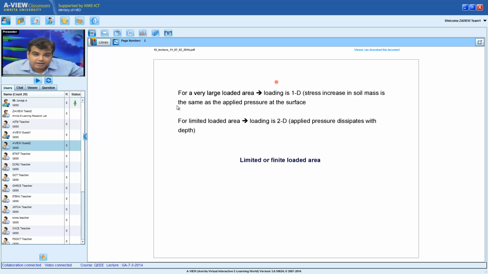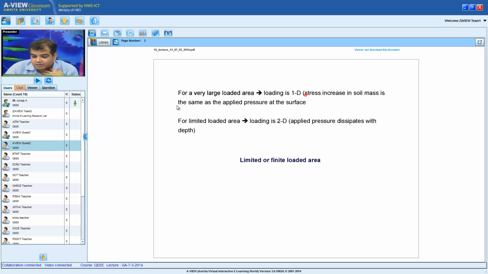So if you're looking at a large embankment over the ground and at how the vertical stress is distributed in the ground, it is an important case if you need to look at settlement, mainly consolidation settlement or even elastic settlement. It's important to know the stress distribution. So in that case, loading is considered to be the same.